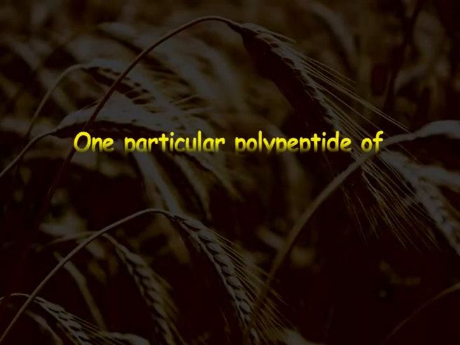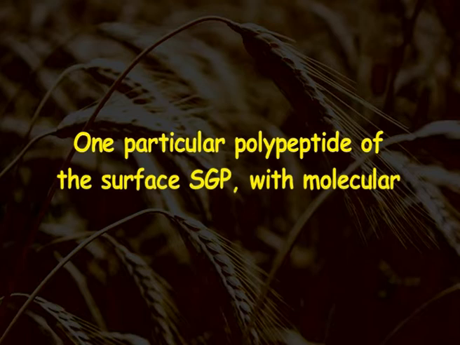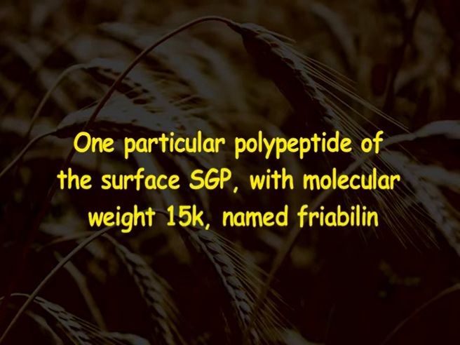It has been found that one particular polypeptide of the surface SGP with molecular weight 15K, named friabilin, is strongly present in all soft wheats examined, but only weakly present in hard wheats and completely absent from the very hard durum.